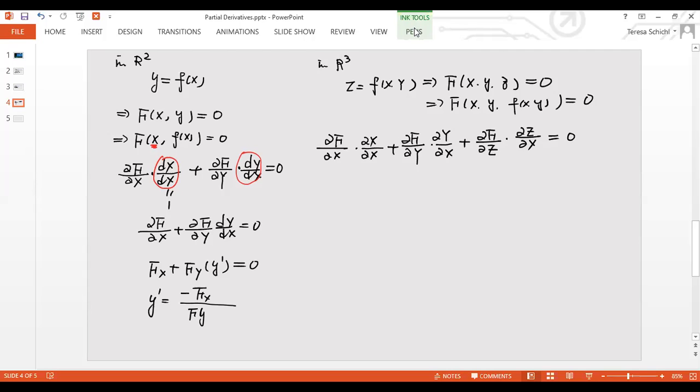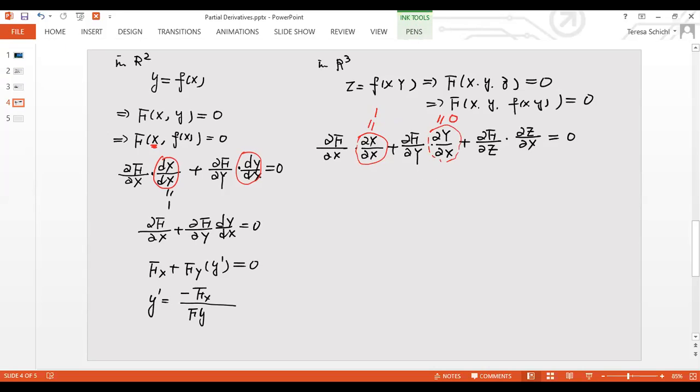Okay, so all the same here, right? These terms here, ∂x/∂x equal to 1. And then, because F and x, they both are the independent variable, input variable, ∂y/∂x is equal to what? Is equal to zero, right?